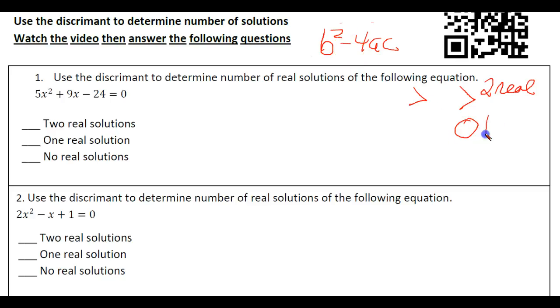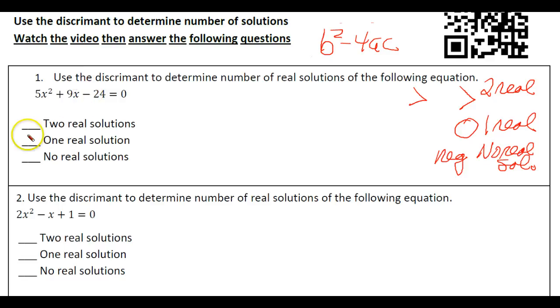You're only going to get 1 real answer. And if, when you work this discriminant, it's less than 0, that is a negative number, then you're going to get no real solutions.